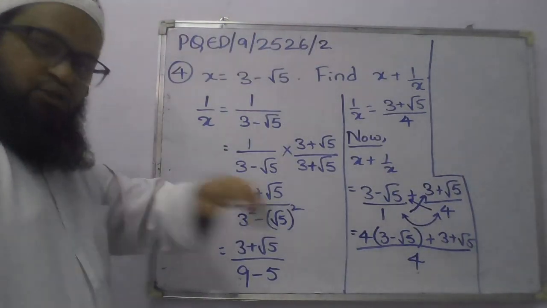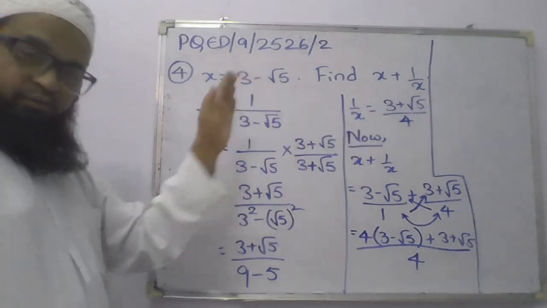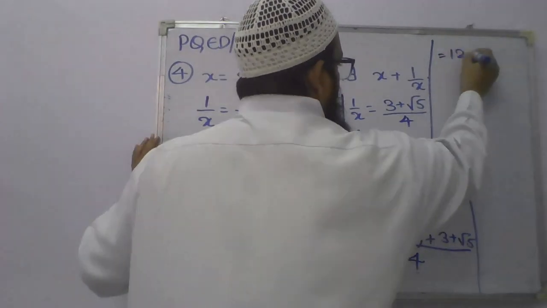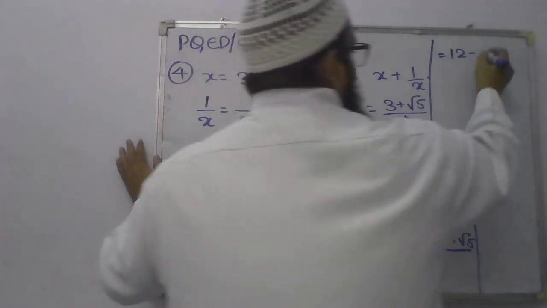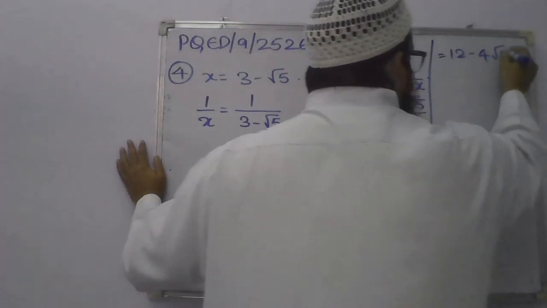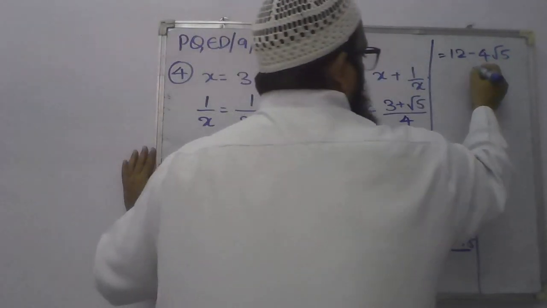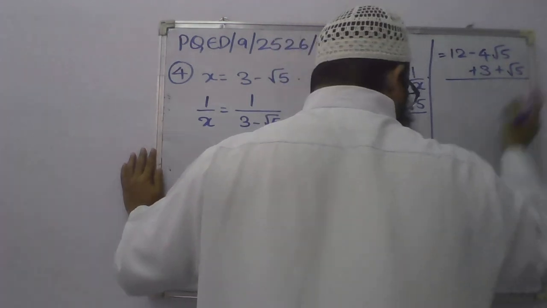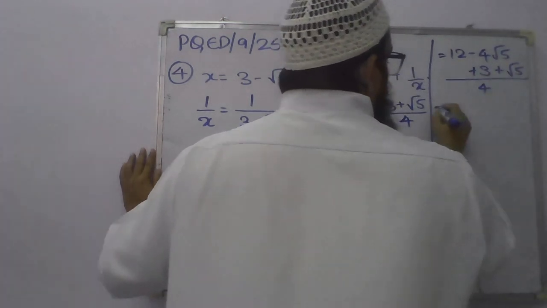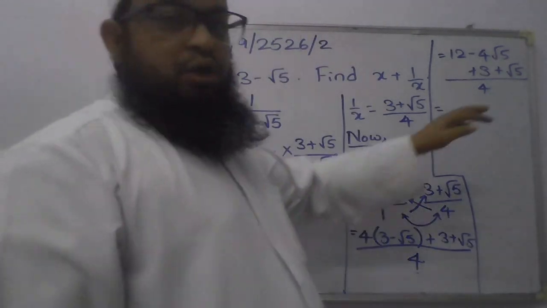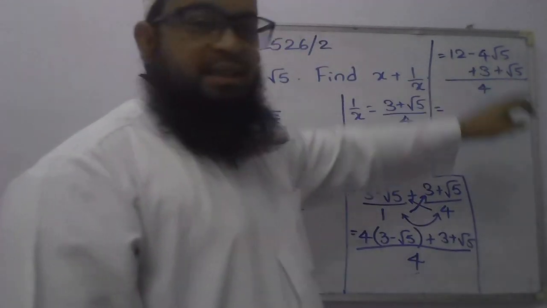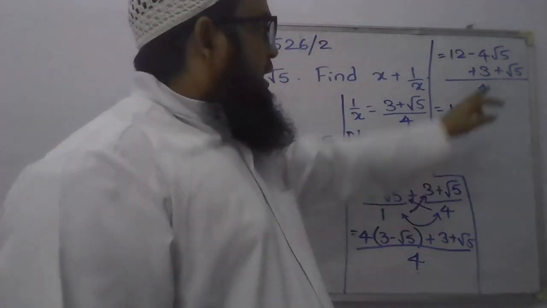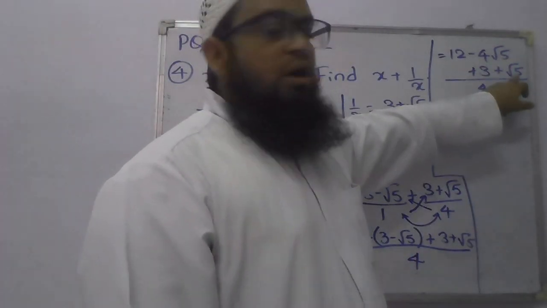Don't continue the practice of writing one side by side, one below the other. So 4 3s are 12 minus 4 into root 5, 4 root 5 plus 3 plus root 5 divided by 4. So that is equal to, now you have constants 12 plus 3, 15, and you have 4 root 5 and root 5.